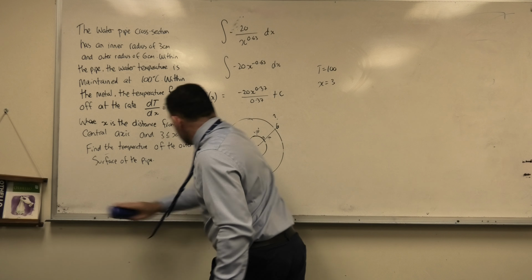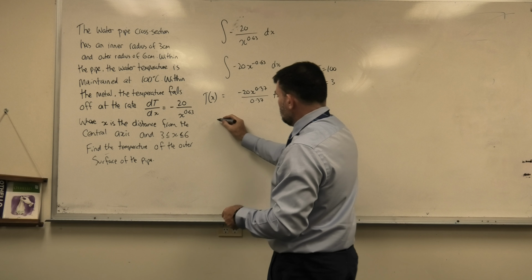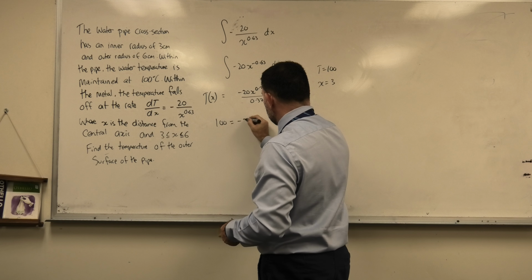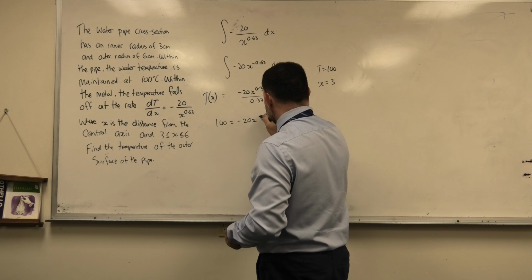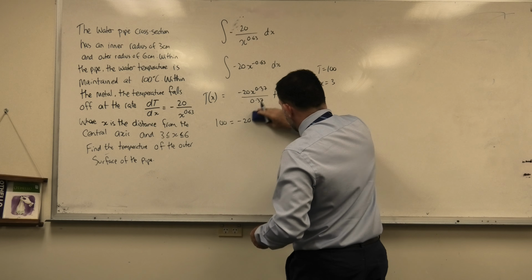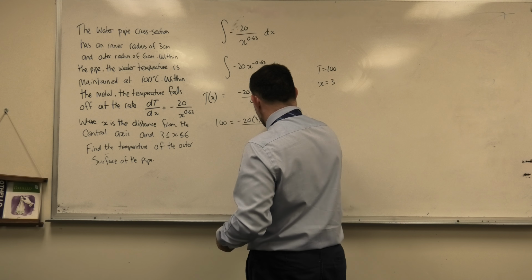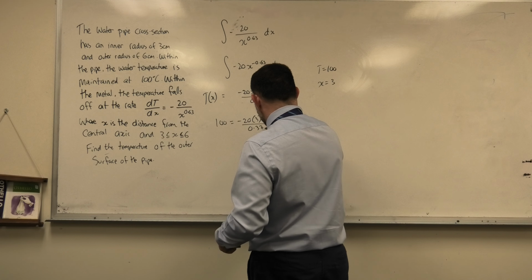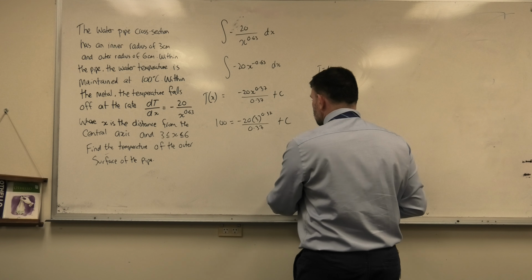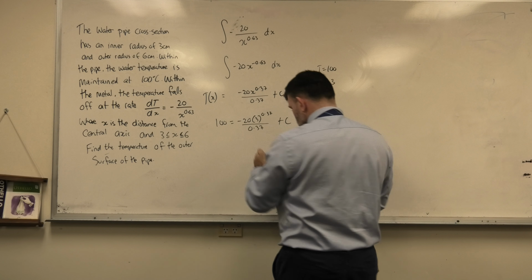So I can now put this information in. I have 100 is equal to negative 20 times 3 to the power of 0.37, over 0.37, plus c. Let's work this out with a calculator.